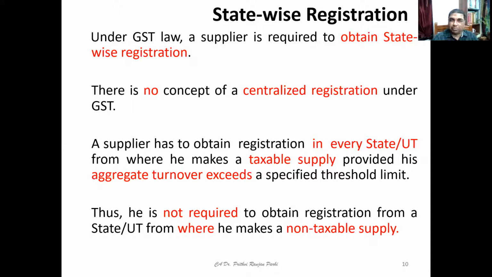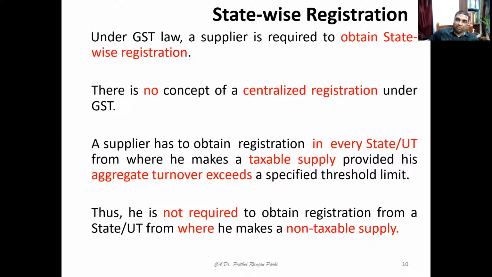A supplier has to obtain registration in every state or union territory from where he makes taxable supplies, provided his aggregate turnover exceeds a specified threshold limit. Meaning, the law has specified that if your aggregate turnover is within a specified limit, then you need not get yourself registered.